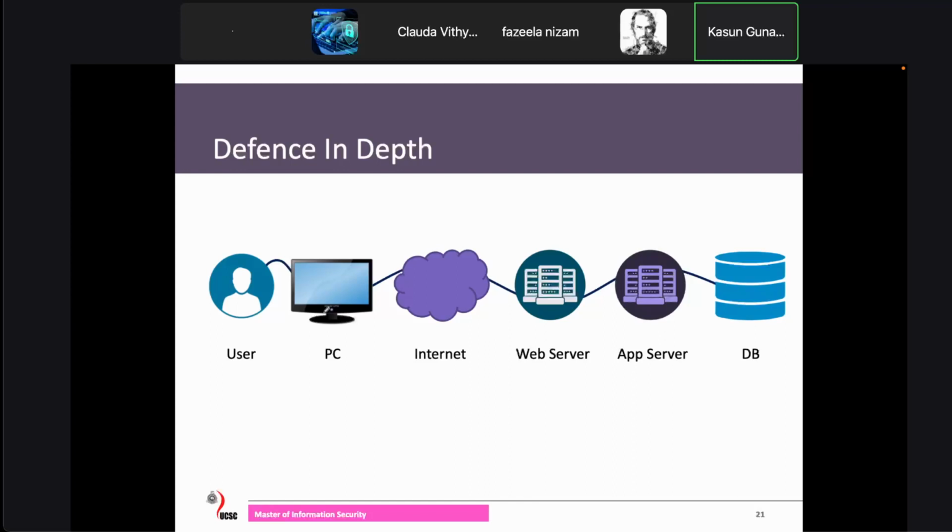environment. So it's basically not relying on a single security mechanism, right? Instead, approaching this securing this environment in multiple levels.